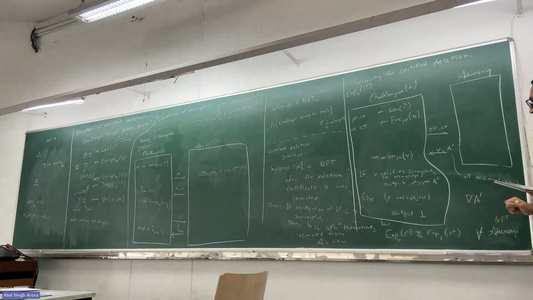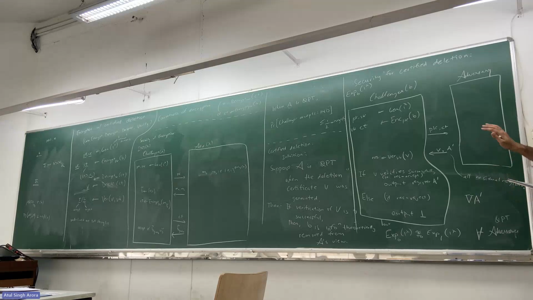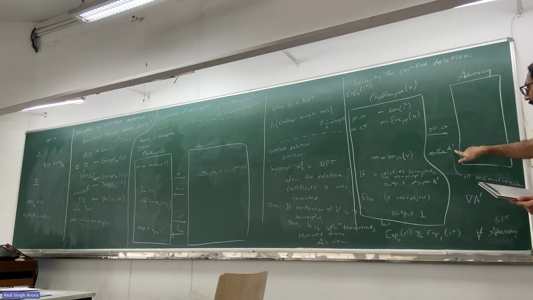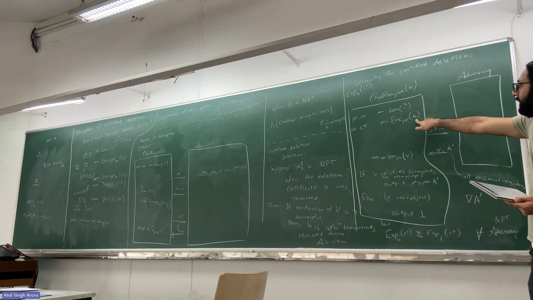We're saying the adversary is QPT. It produced V, and it held some A prime, the residual part. And whatever A prime the adversary was holding, conditioned on V being successfully verified, this A prime is essentially independent of little b.